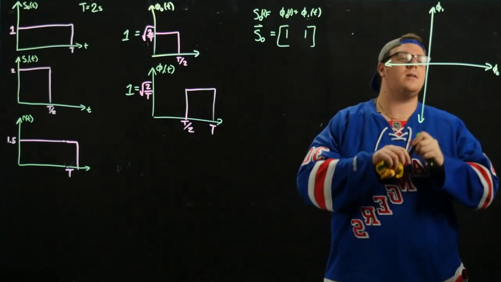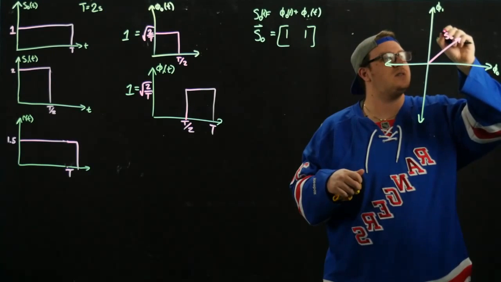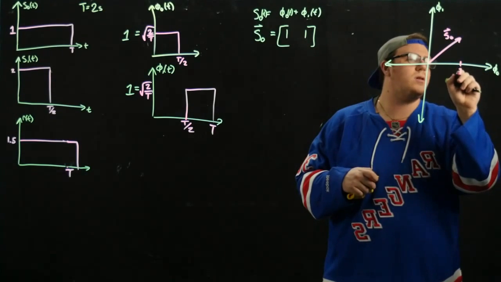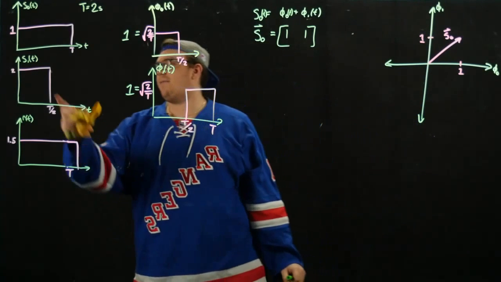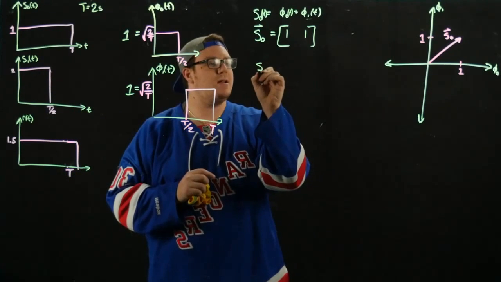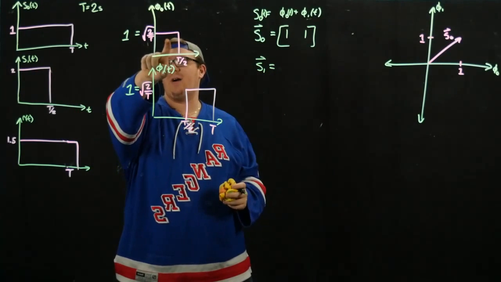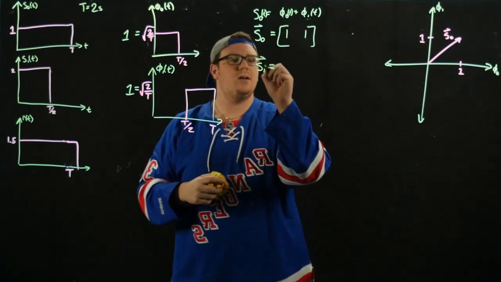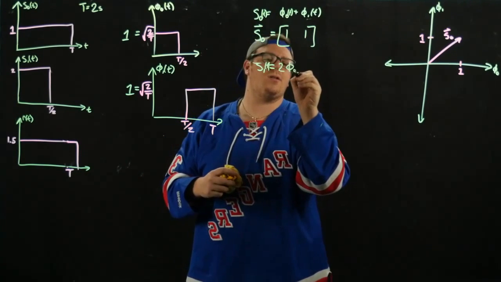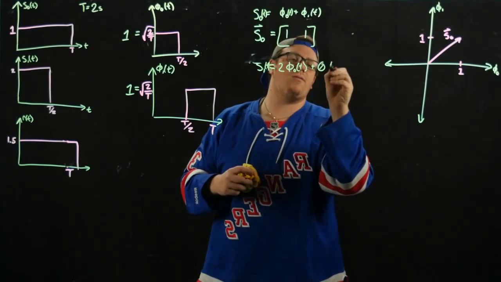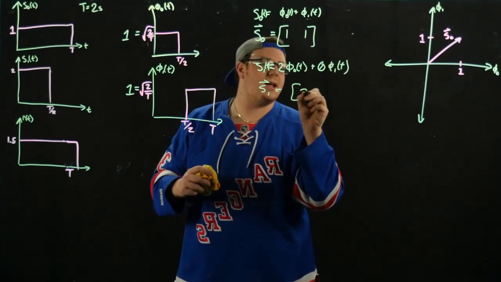So drawing that in here, we get this guy here. So this is S0. And that's 1. And that's 1. Doing the same thing for S1, it is very easy to see that we only need phi 0, but we do need to multiply it by 2. So S1 of t is going to equal 2 phi 0 of t plus 0 phi 1 of t, meaning that the S1 vector can be written as 2, 0.